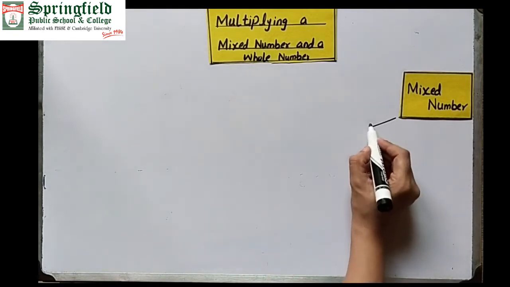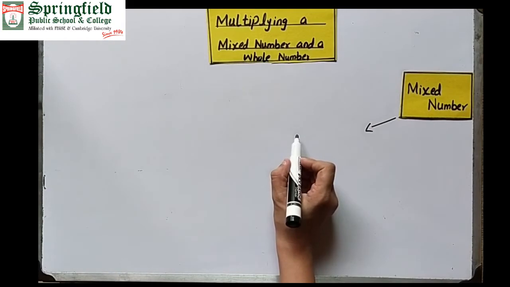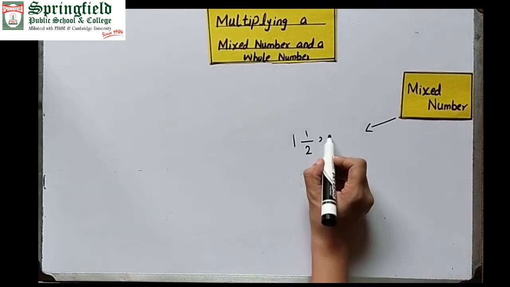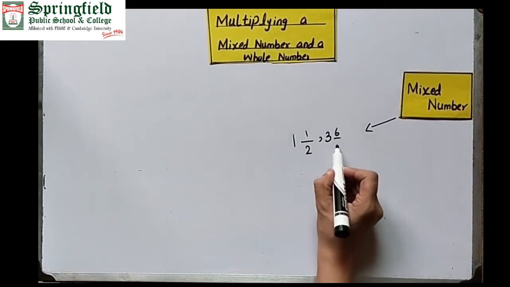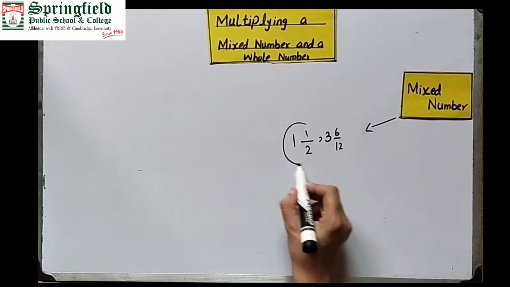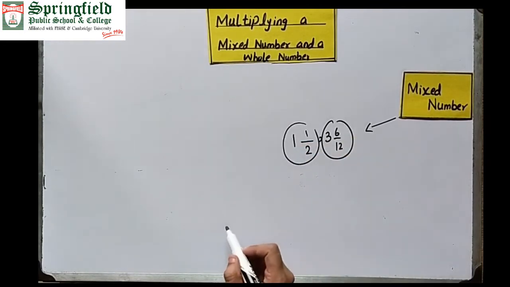Yes, a mixed number is the mixture of a whole number and the fraction part of a whole number. Let's suppose 1 whole 1 by 2, 3 whole 6 by 12. These types of numbers are called mixed numbers.